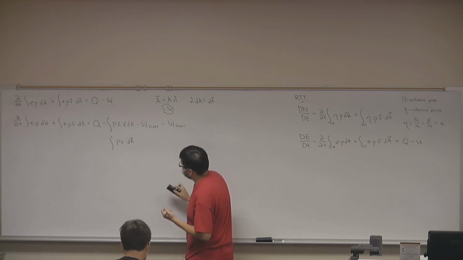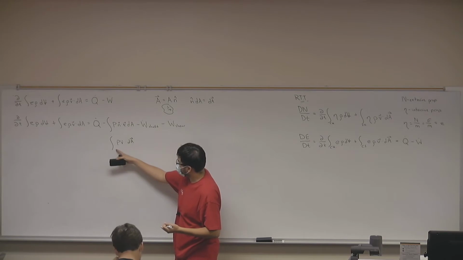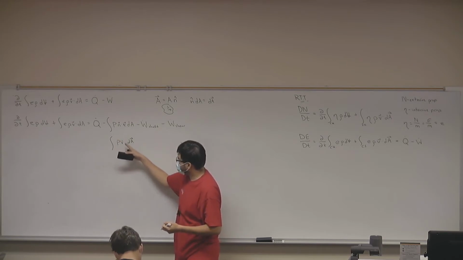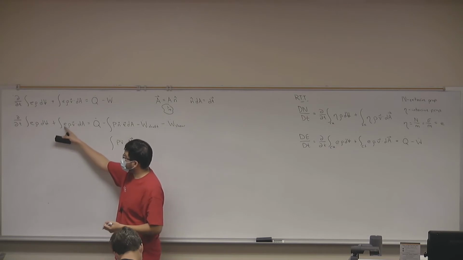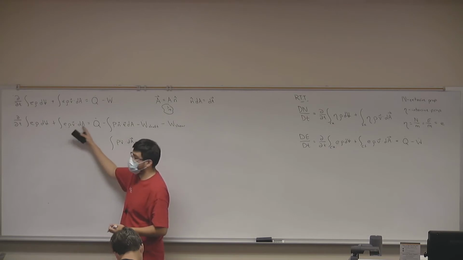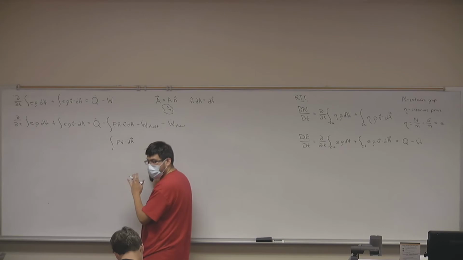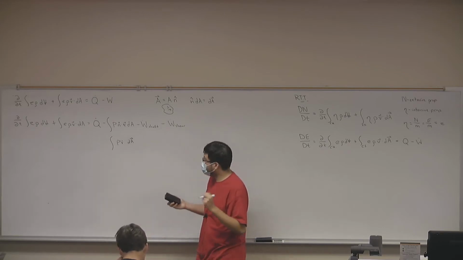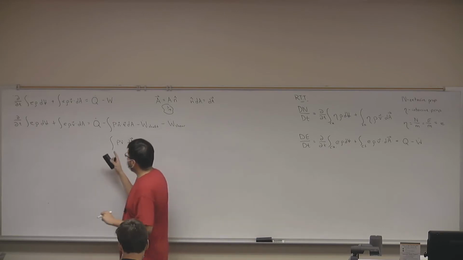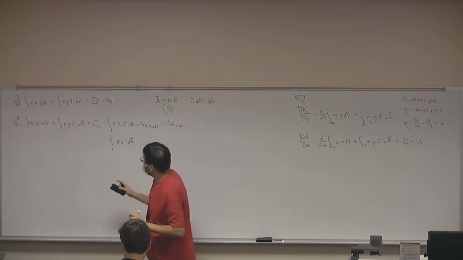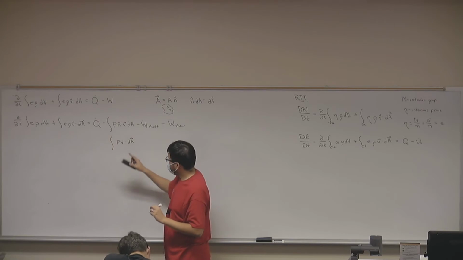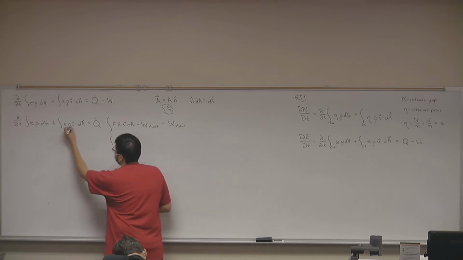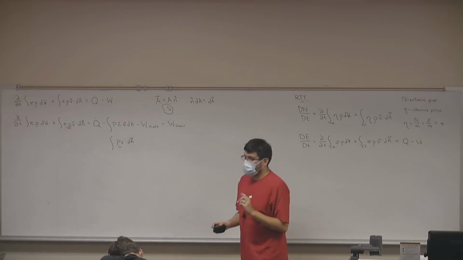And then we have the integral over a control surface of something times v dot dA. We have the integral over the control surface of something times v dot dA. Could I mix them into the same integral? I think I can, because we're integrating over the same area, and all that changes is the coefficient of that integral.